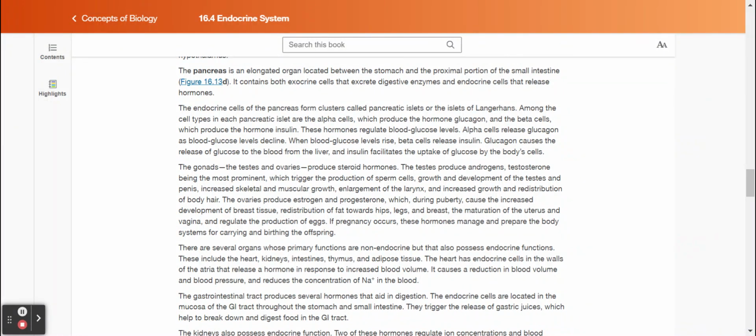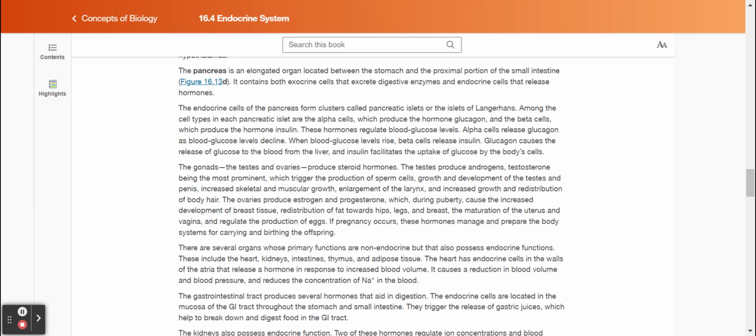The pancreas is an elongated organ located between the stomach and the proximal portion of the small intestine. It contains both exocrine cells that excrete digestive enzymes and endocrine cells that release hormones. The endocrine cells of the pancreas form clusters called pancreatic islets, or the islets of Langerhans. Among the cell types in each pancreatic islet are the alpha cells, which produce the hormone glucagon, and the beta cells, which produce the hormone insulin.